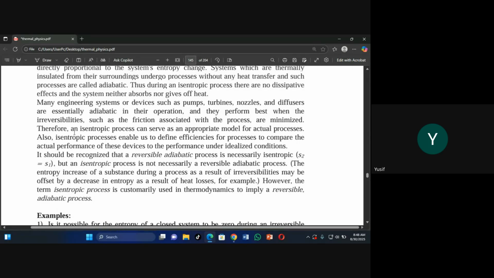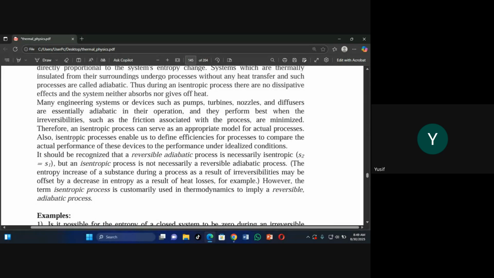Therefore, an isentropic process can serve as an appropriate model for actual processes. Also, isentropic processes enable us to define efficiencies of processes to compare the actual performance of these devices to the performance under idealized conditions.